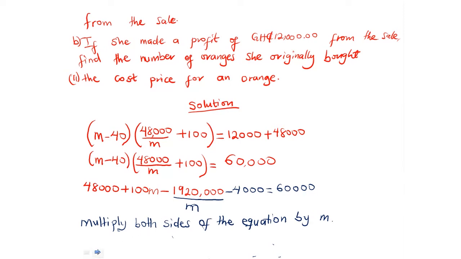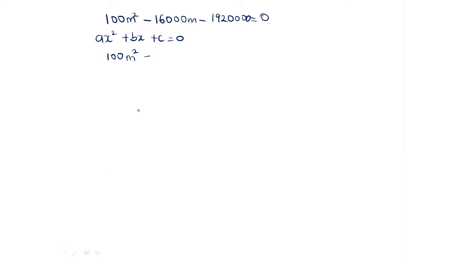With this, we will get 100M squared minus 16,000M minus 1,920,000 all equal to 0.